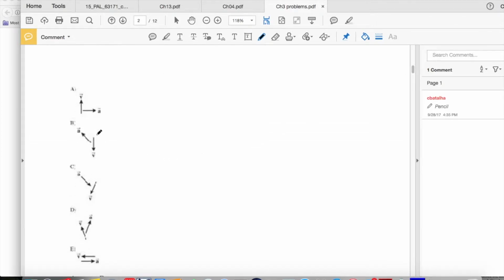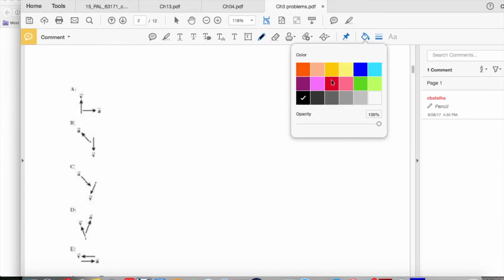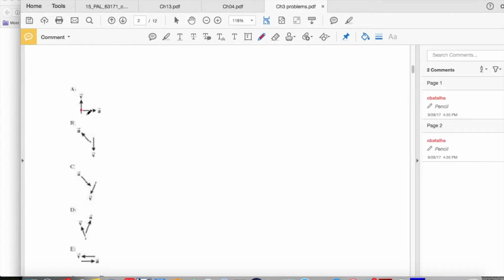So when you think about acceleration, for instance, this acceleration vector projects along v with a dot. So basically you don't have acceleration along the direction of v.